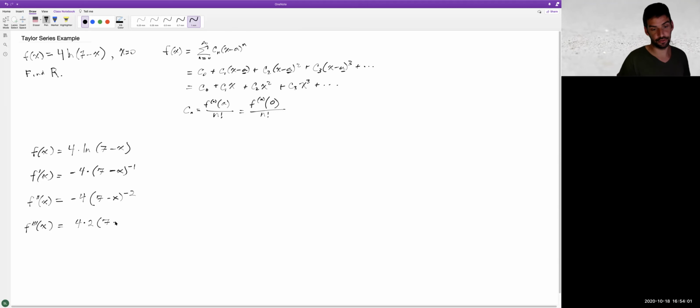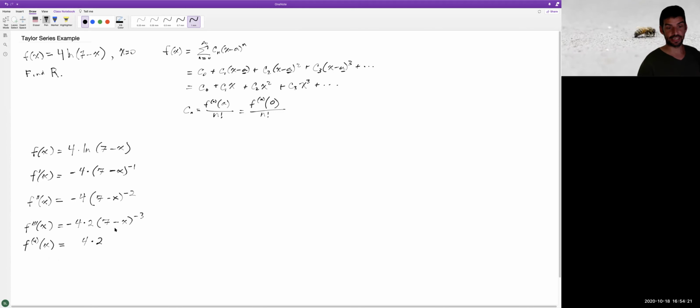I'm writing it as 4 times 2 for convenience. 7 minus x to the negative 3, but then the chain rule from the inside gives us a negative. Let's do one more, and then I believe we'll be able to see what's happening here. So I've got my 4 times 2, negative, and I've got a negative out here. I'm going to get a negative 3. So those two negatives are going to cancel.